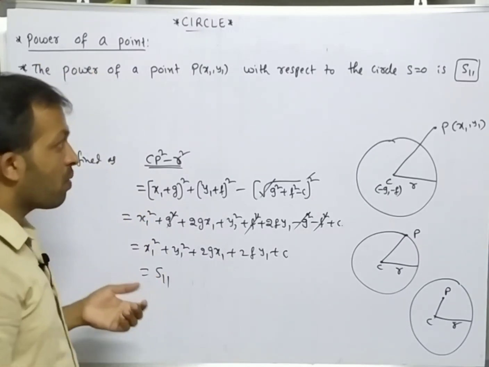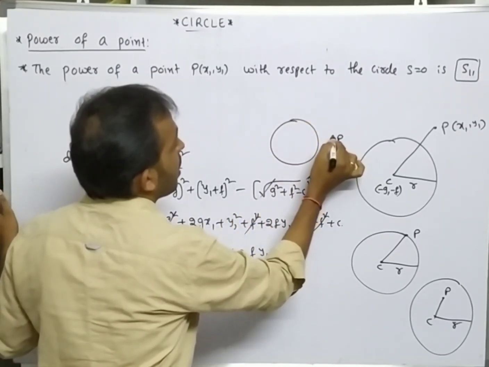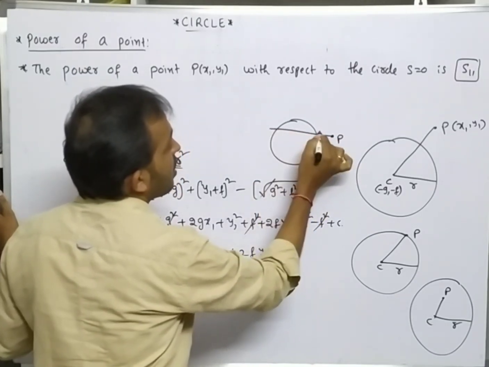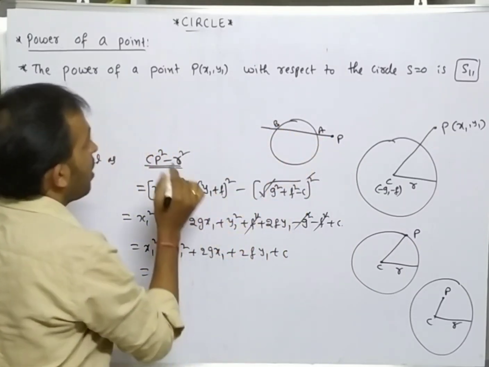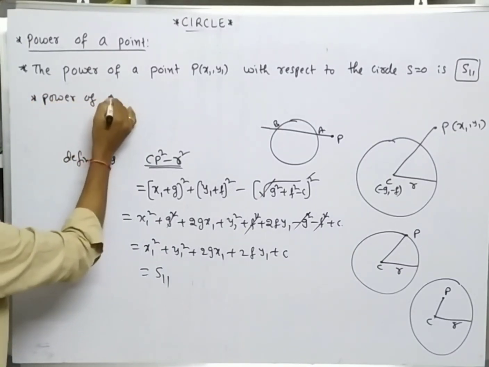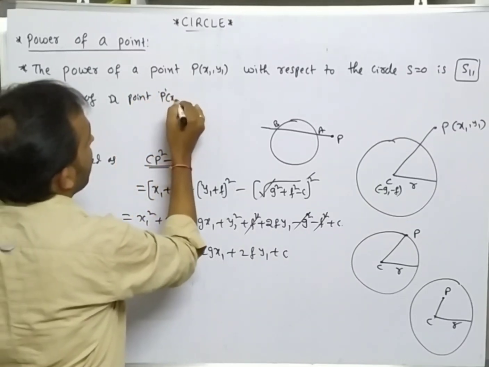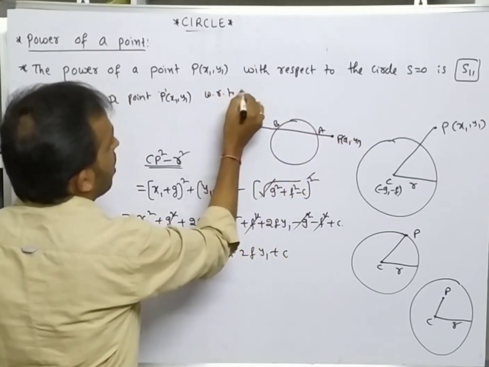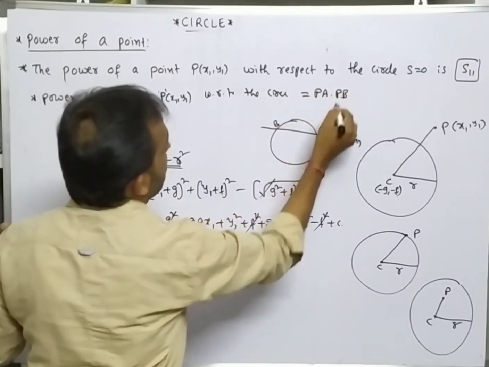Power of a point can also be expressed this way: if P is any point exterior to the circle and a line from P intersects the circle at 2 points A and B, then the power of the point P (x1, y1) with respect to the circle is equal to PA into PB.